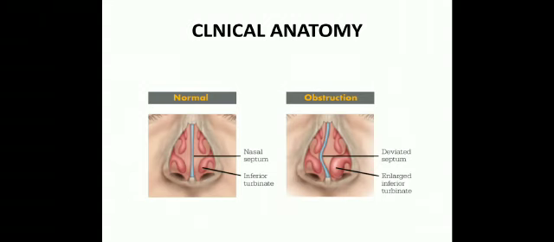A little deviation may be present, but if it is more obvious, as in the obstruction picture, we see a deviated septum with unequal division of the right and left nasal cavities, and we can observe an enlarged inferior turbinate on the side opposite to the deviation.